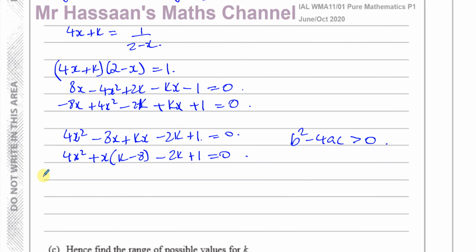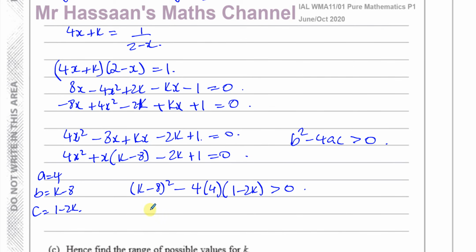So we can see here in the quadratic a is equal to 4, b is in terms of k, which is k minus 8, and c is also in terms of k, which is basically 1 minus 2k. So we can say that b squared minus 4ac has to be greater than 0. So we're going to have k minus 8 squared minus 4 times a, which is 4, times c, which is 1 minus 2k, has to be greater than 0 for this to have two solutions.